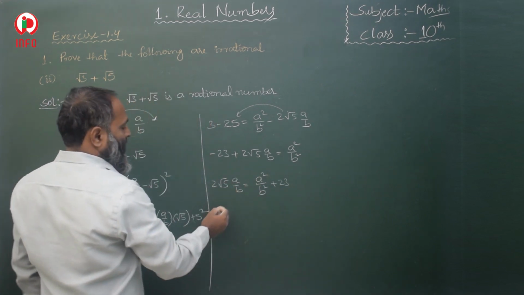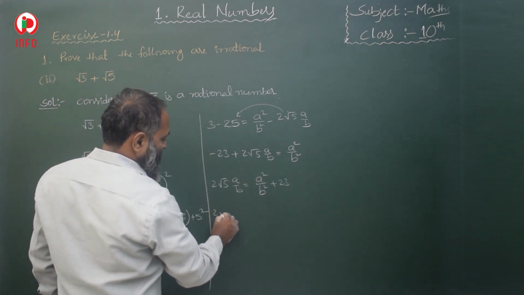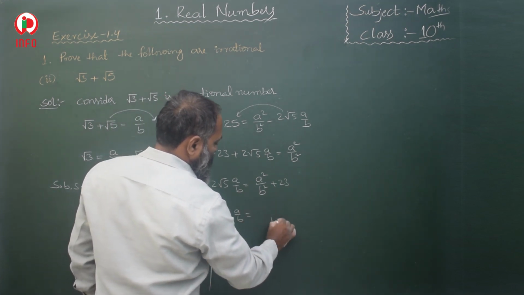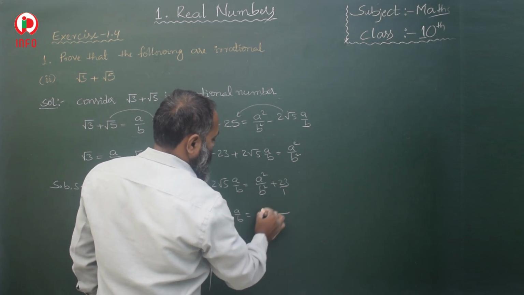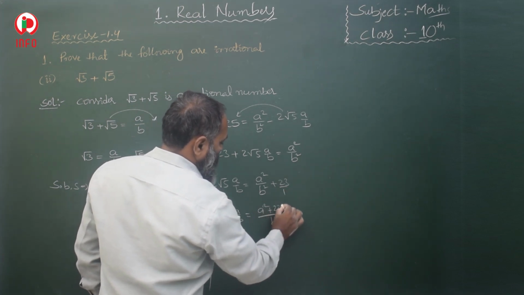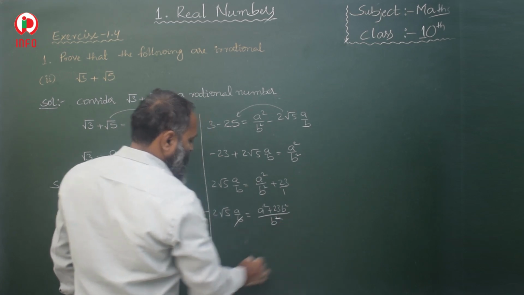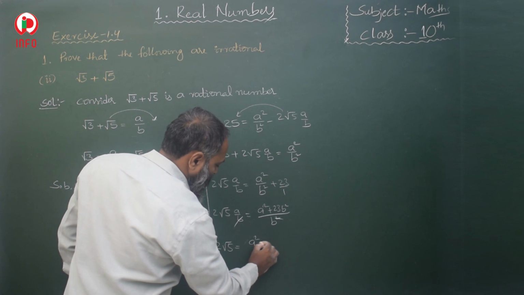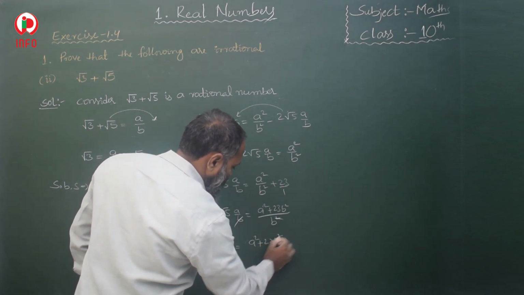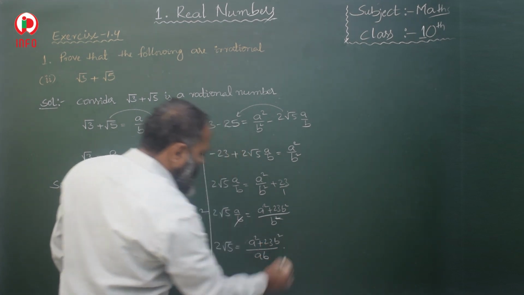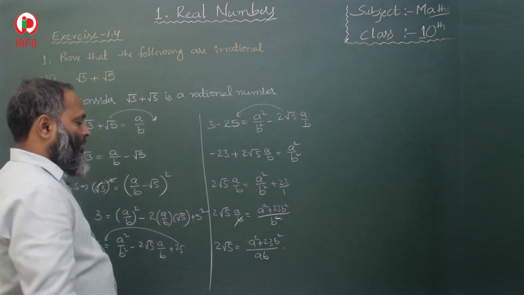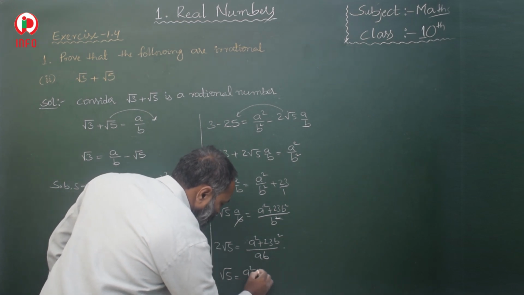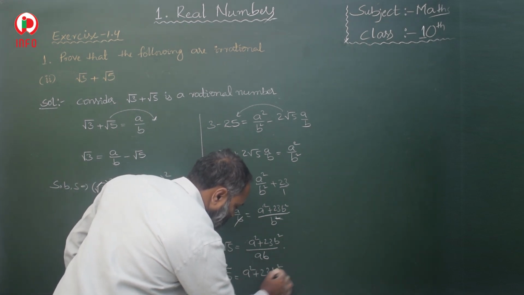Taking b square as LCM, 2 root 5 a by b is equal to (a square plus 23 b square) by b square. Now transposing, 2 root 5 is equal to (a square plus 23 b square) by ab. So root 5 is equal to (a square plus 23 b square) by 2ab.